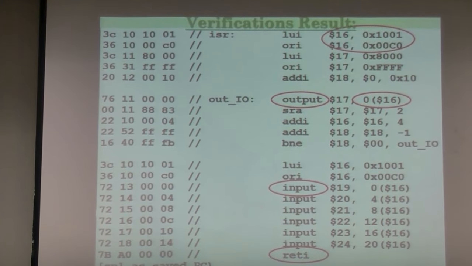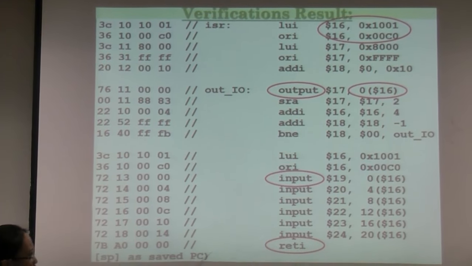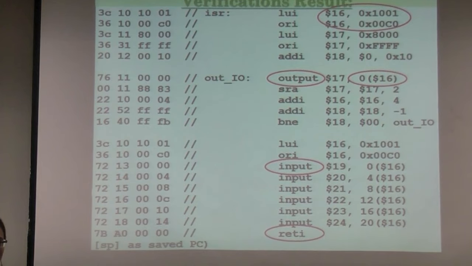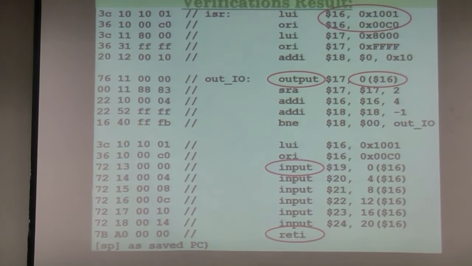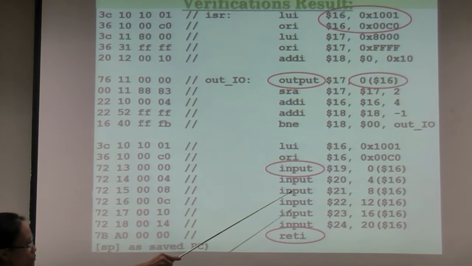And from this module, we expect to see the result would be register 19 to register 21. It consists of the same data content as in the I/O memory module, starting from the address of 0C.